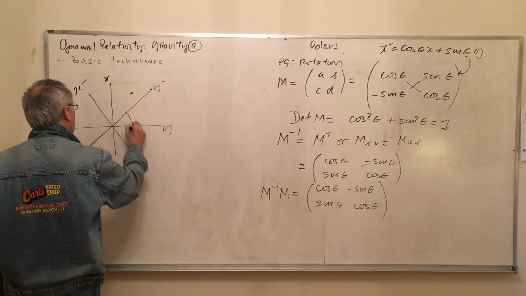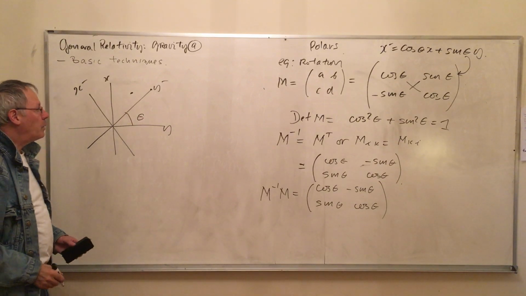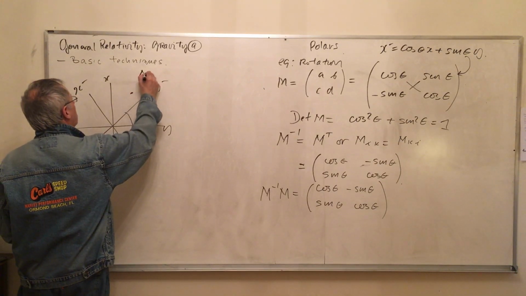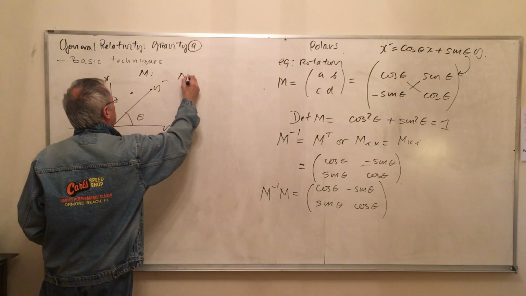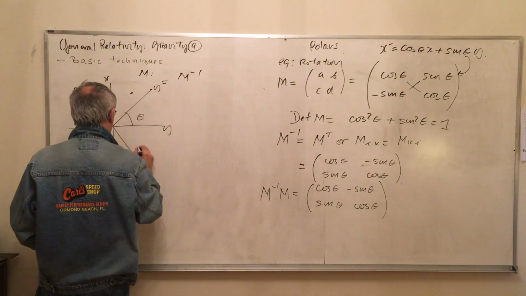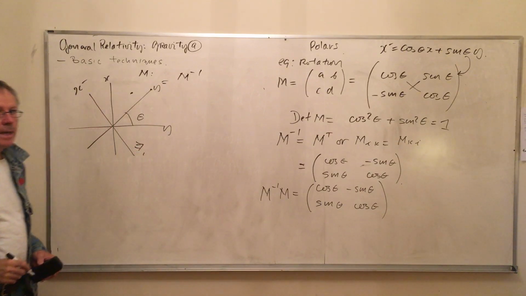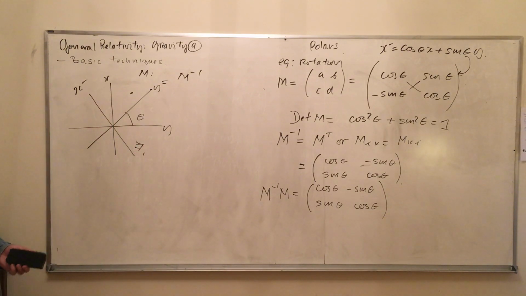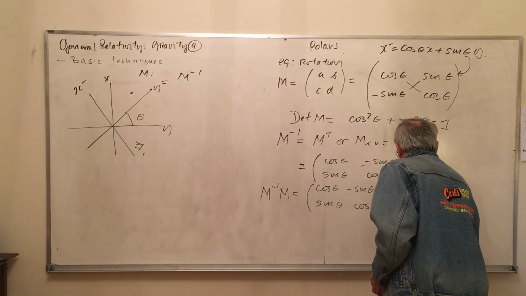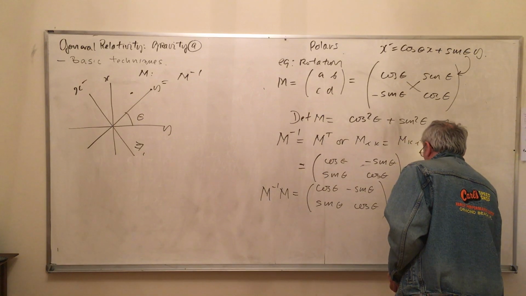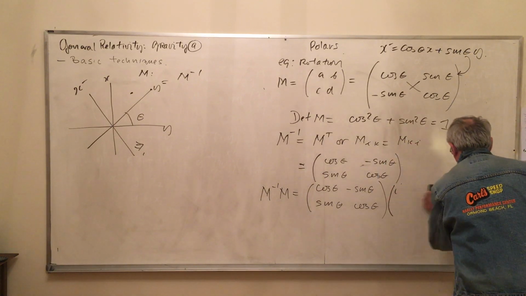By some angle theta. And then that's the M. Now we rotate it back to the same place. So the net result has to be 1, right? Let's see.